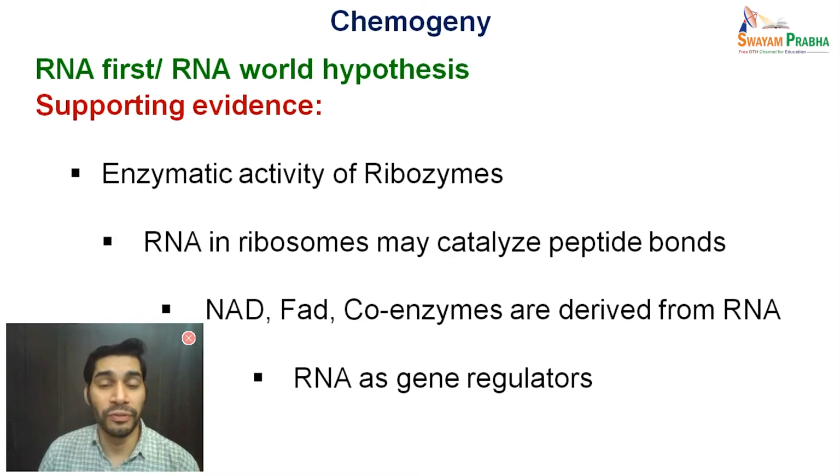Also, all the essential molecules in biochemistry or metabolism, the NAD, FAD, coenzymes, etc., are also derived from RNA. And there are examples where RNA acts as a gene regulator. So all these evidence support the view of RNA first or the RNA world hypothesis.